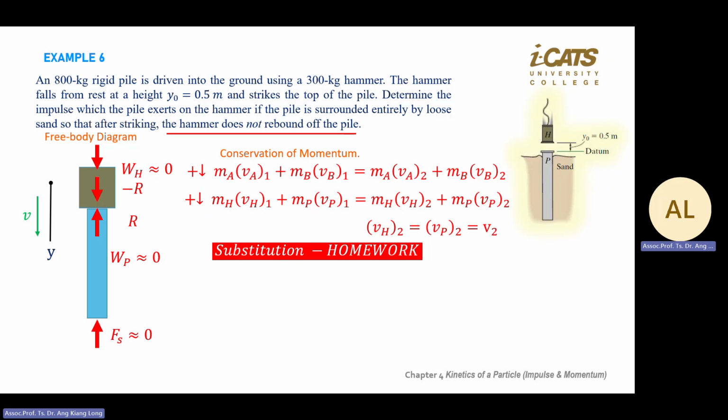So we simplify the equation. VH2 and VP2 will equal V2. Because when they hit, both go at the same speed. This is a collision, a coupled condition. You hit and then go together with the same speed.